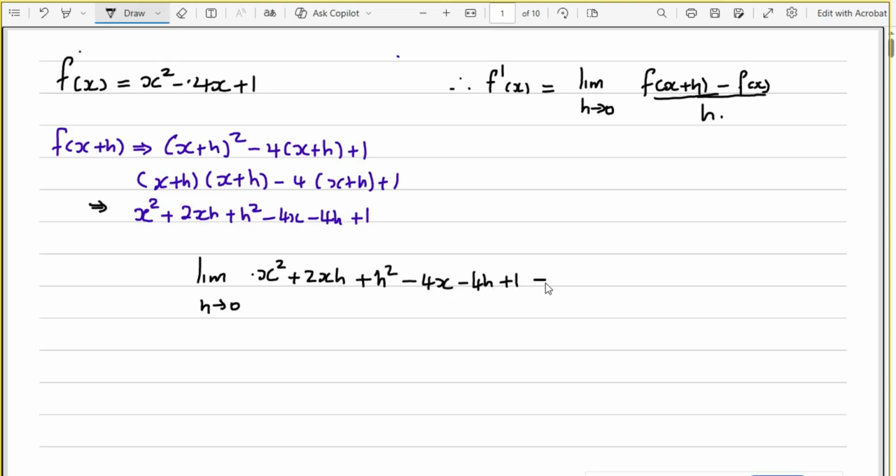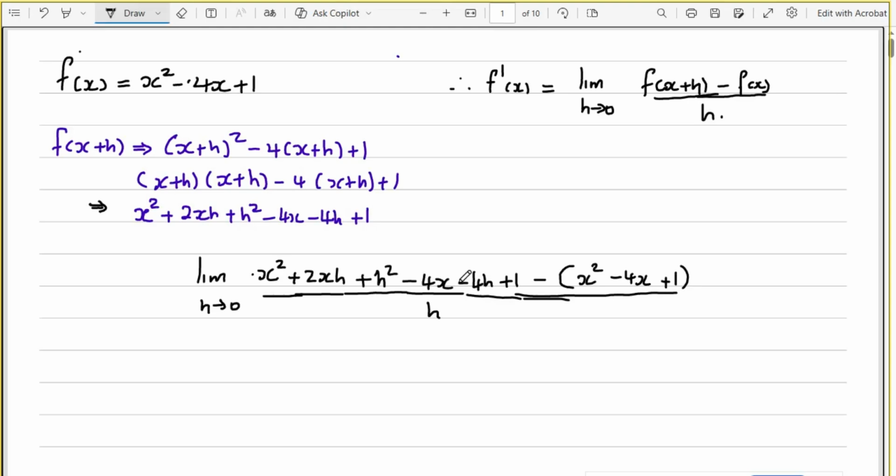Let's subtract f(x). Please make sure that when you subtract f(x), you put it inside the bracket. This is one of the things most learners forget to do, so that they can multiply out the bracket with that negative. Then this is over h. You still with me? Yes, sir. Okay.